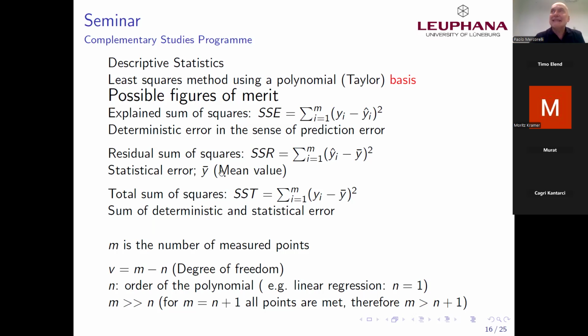In this sense, this indicator, this cost function, we can say is more statistically oriented, because we measure the difference between the regressor, which can be considered deterministic, of course, and the mean value.